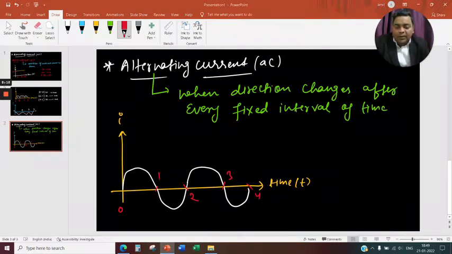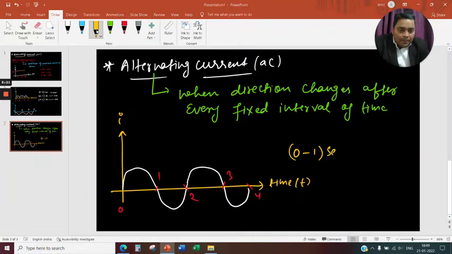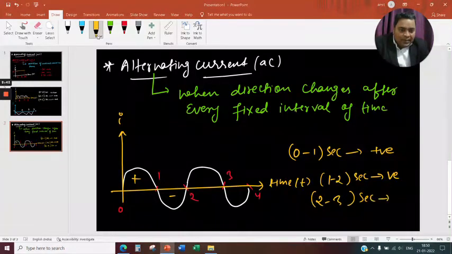Fine. So here you can see from time 0 to 1 second, the direction of current is positive. Now from time 1 to 2 second, the direction is going to change here. You can see now it is negative. Now direction is negative here. And then from 2 to 3 second, again it changes and it becomes positive.